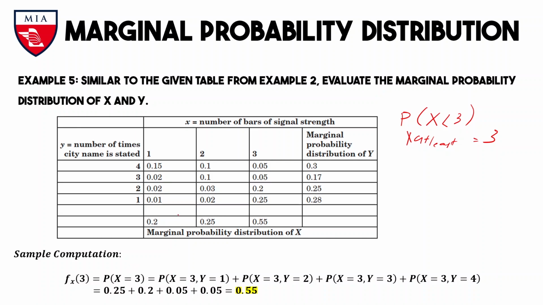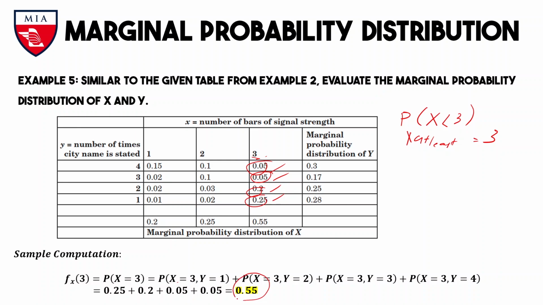Okay, so we have x, therefore the values under this column. So if we have x is equal to 3, okay, so here are the values. So we have x3 y1, x3 y2, x3 y3, x3 y4. So we have 0.25 plus 0.2 plus 0.05 plus 0.05.